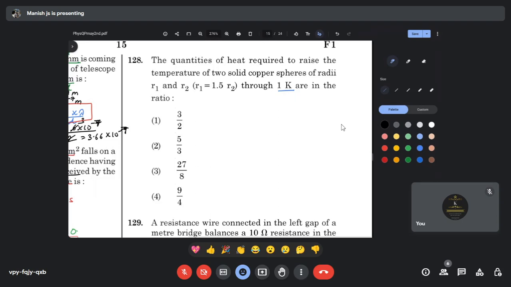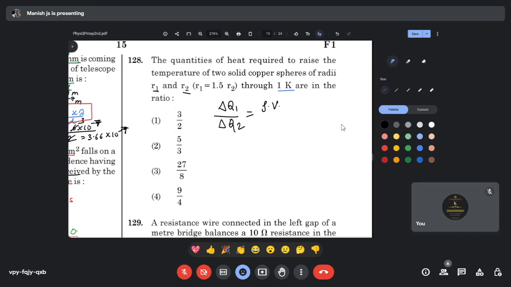Okay, sir. Yeah. So find out the corresponding ratio. We need to know what the formula is. So the change in heat, we'll take for the first sphere, because R1 and R2 is the notation they have given, as delta Q1 upon delta Q2. That can be written as density into volume, which is rho into volume, which will be different because both of them have different radii.